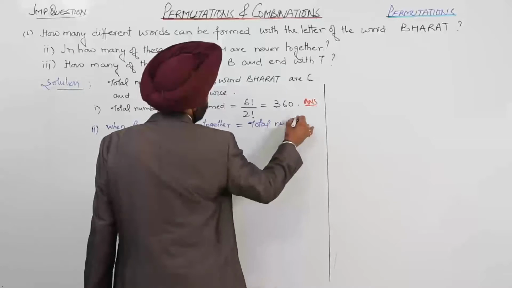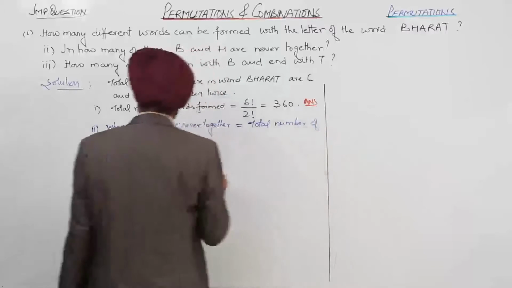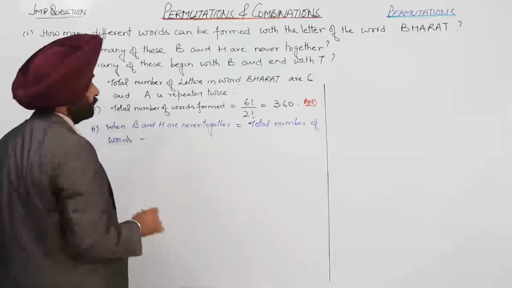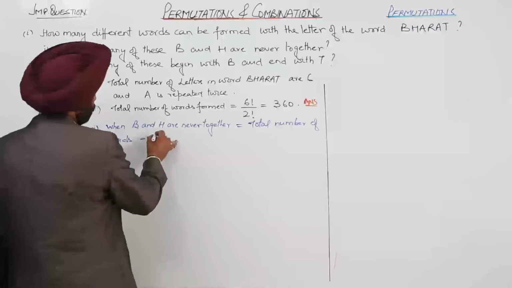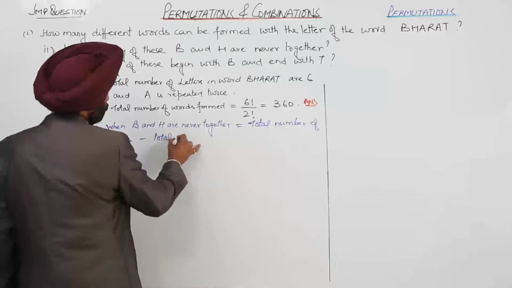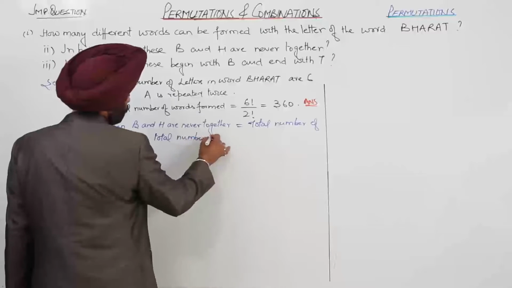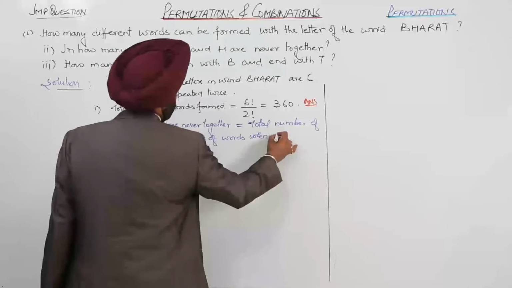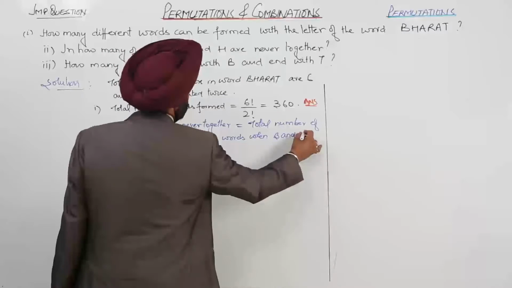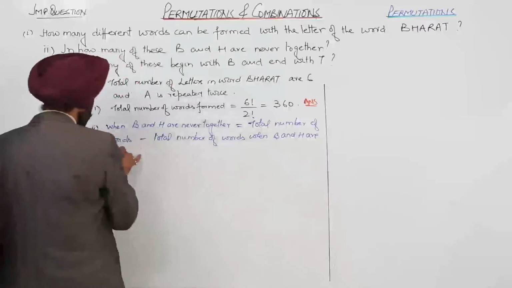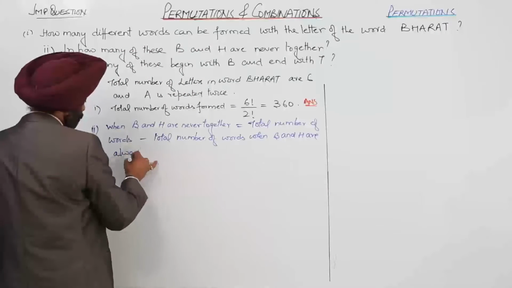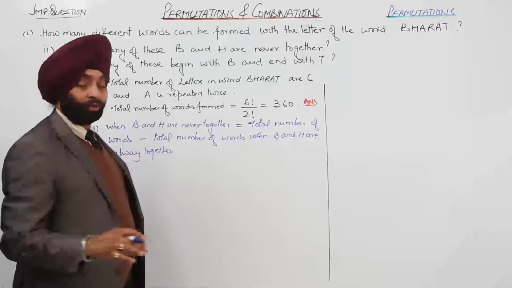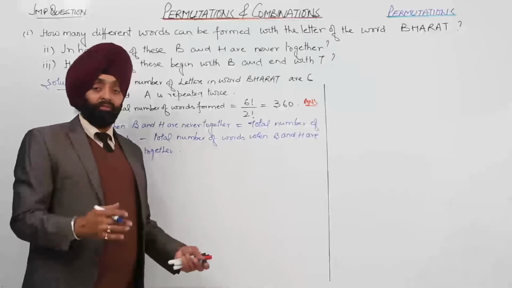Total number of words subtracting the total number of words when B and H are always together. So when B and H are always together, the remaining words are the ones where they are never together.